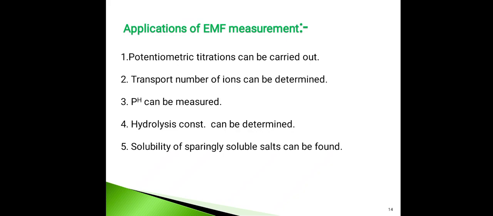Again we repeat the same experiment. The potentiometric wire is in contact with the surface of the long wire AB, and at certain points it will show a deflection in the galvanometer. At certain regions there will be a small deflection, and at one particular point there is no deflection in the galvanometer.